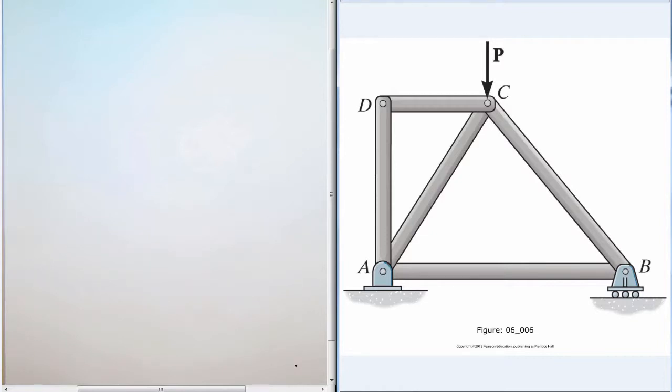So we look at each joint because we figure each joint is in equilibrium. The way this progresses is we draw a free body diagram of each joint, start at one joint and solve for the member forces that connect there, and then go to another joint and solve for those member forces, and we just keep propagating all the way through the truss to get the force in every member.